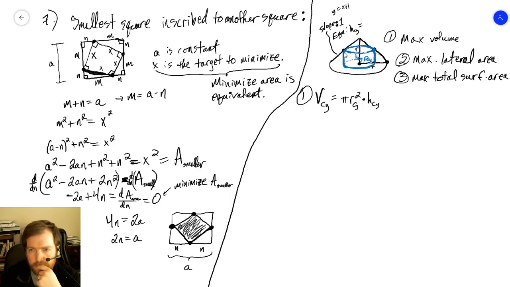So the height of the cylinder is going to be 1 minus the radius of the cylinder, I think. So if the radius of the cylinder is very small, the height of the cylinder is going to be very large. It's almost going to be equal to the radius of the cone. Yeah, okay.